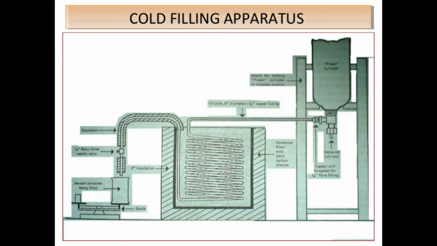Then the chilled propellant is added completely in one or two stages depending on the amount. Another method is to chill both the product concentrate and propellant in separate pressure vessels to minus 40 degrees Fahrenheit and then fill them into the container.